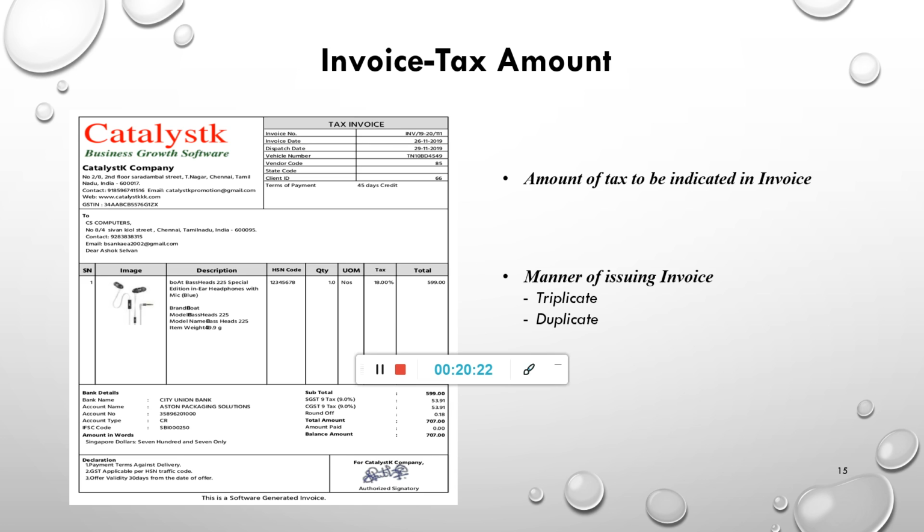In case of services, the invoice shall be prepared in duplicate in the following manner. The original copy being marked as original for recipient, the duplicate copy being marked as duplicate for supplier. The serial number of the invoices issued during a tax period shall be furnished electronically through the common portal in form GSTR1.